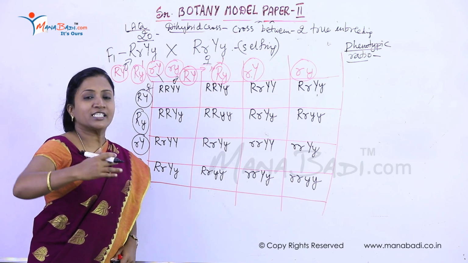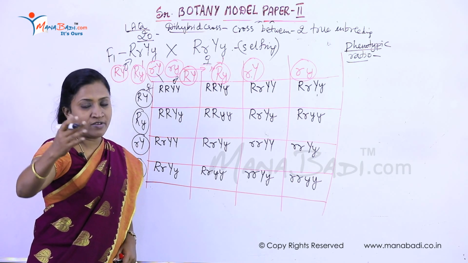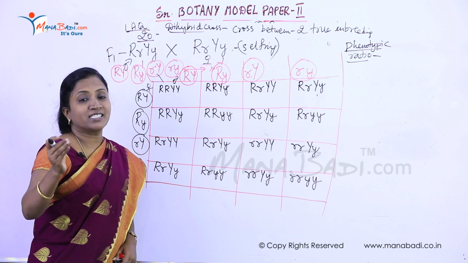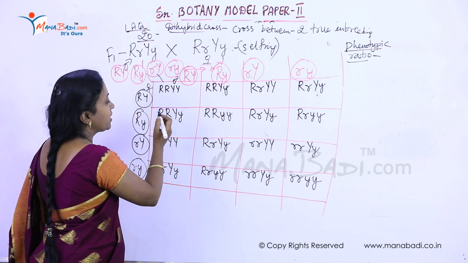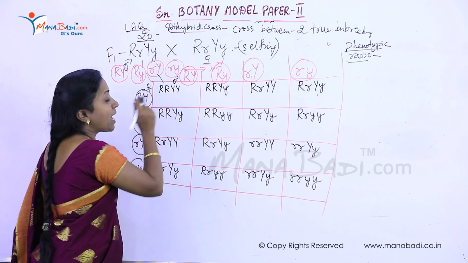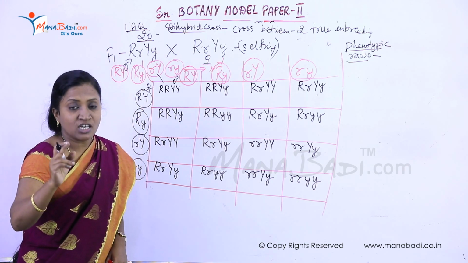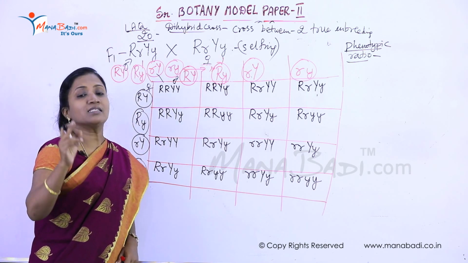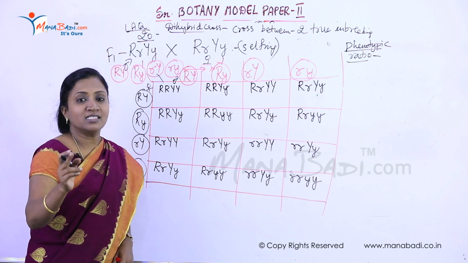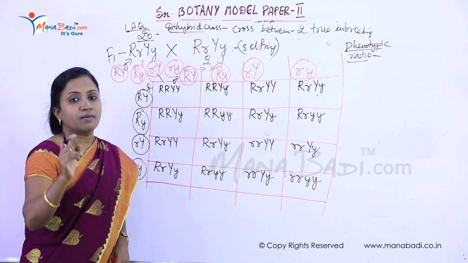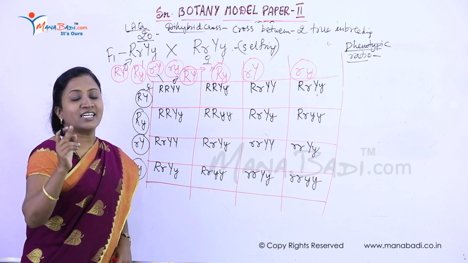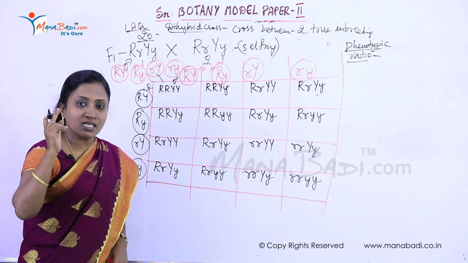Phenotype is the physical appearance, or the output which it is going to give. Genotype is the genetic expression. Coming to the phenotypic ratio here, capital R always represents the dominant character, that is round shape. Capital Y denotes the dominant character, that is yellow color of the seed.